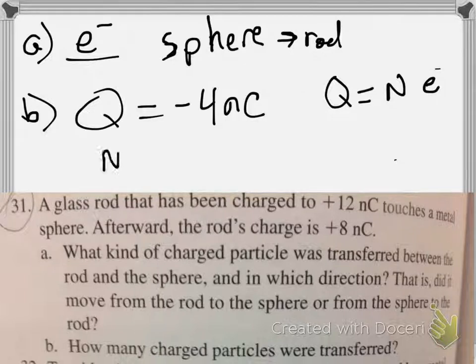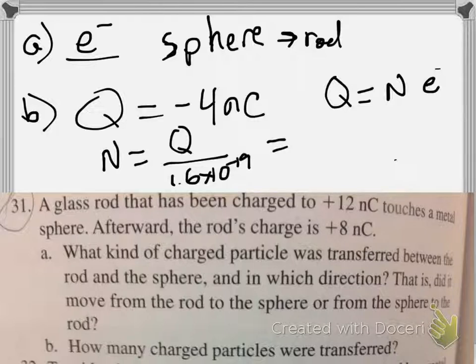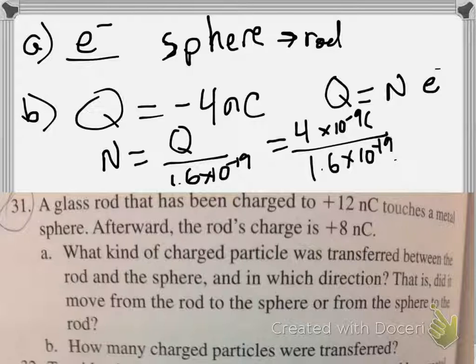So then the number of charges is going to equal Q divided by 1.6 times 10 to the minus 19. All right, so nano is what, to the minus 9? So you get 4 times 10 to the minus 9 over 1.6 times 10 to the minus 19.